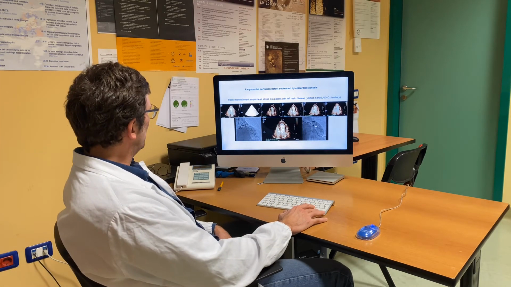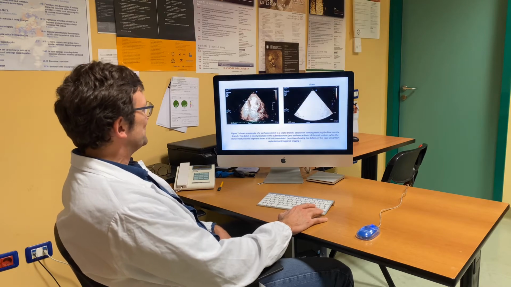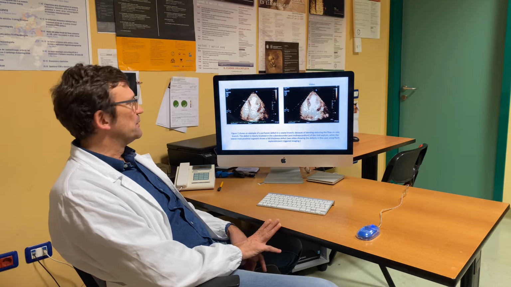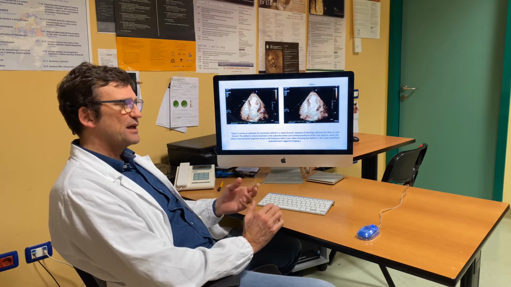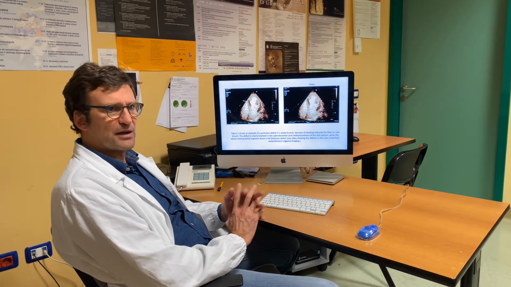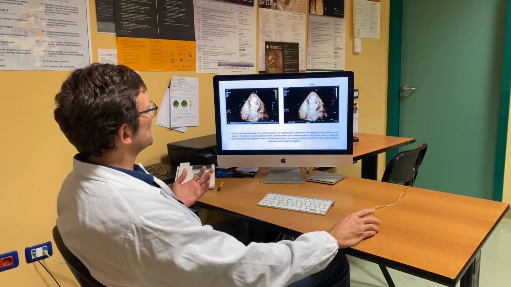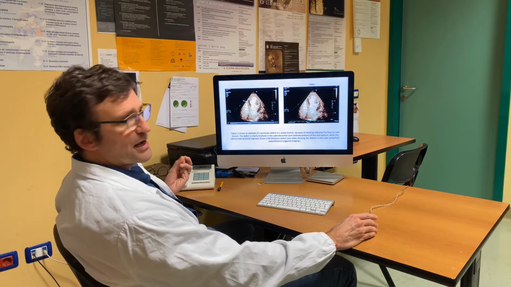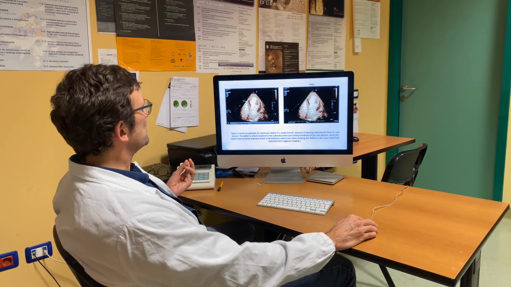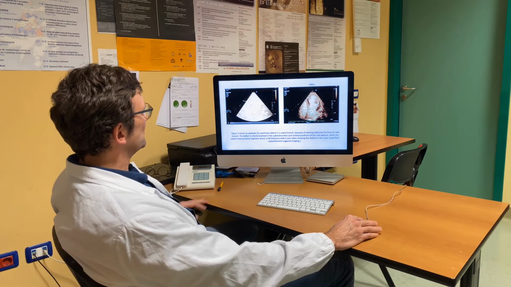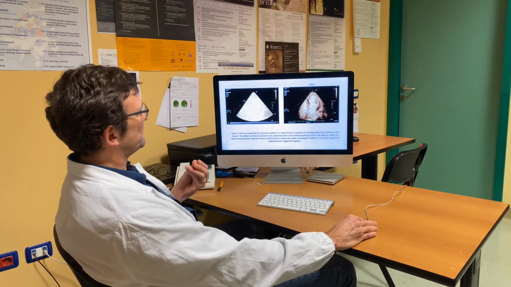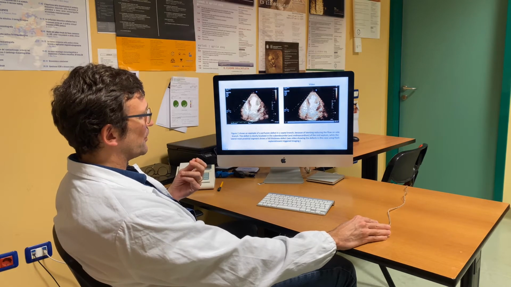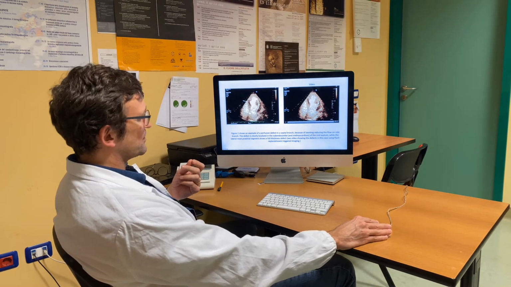Sure, I have plenty, but this is just one that probably helps you understand what you can do with microbubbles and perfusion. So this is the case of a stented lesion with the septal branch that was closed, and you can so easily spot this very tiny defect here. And there's another one, which is more clear probably, which is in the lateral circumflex artery.